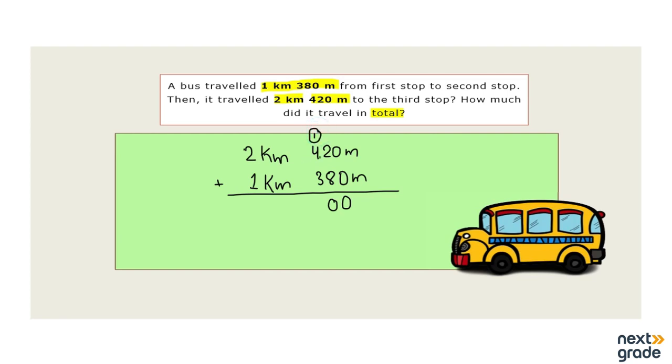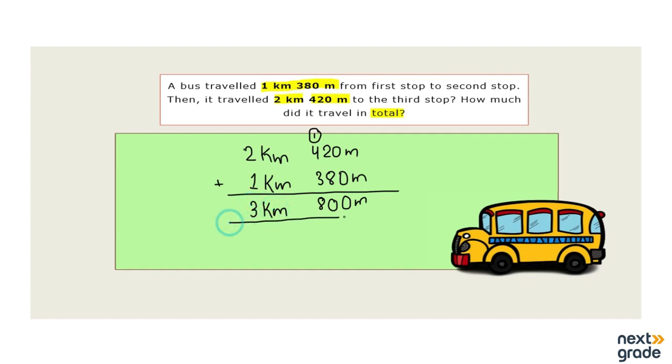So what happens is this becomes 5. Okay? 4 plus 1 is 5. Then we have 3. 5 plus 3 is 8. So we have 800 meters. Likewise, we are going to look at this kilometers, and when we add 2 and 1 it becomes 3 kilometers.